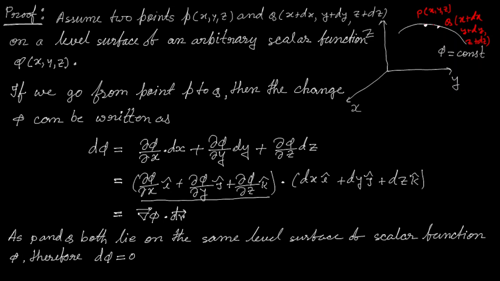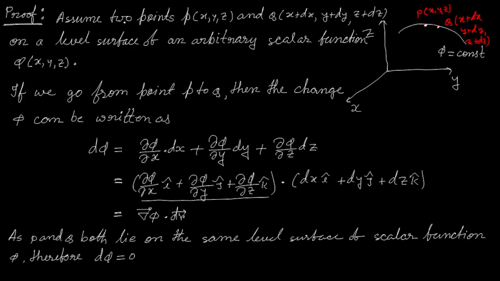If d phi is 0, then what can we write? We can write grad phi dot dr is equal to 0. Now P and Q are two different points, so the magnitude of dr is not equal to 0.